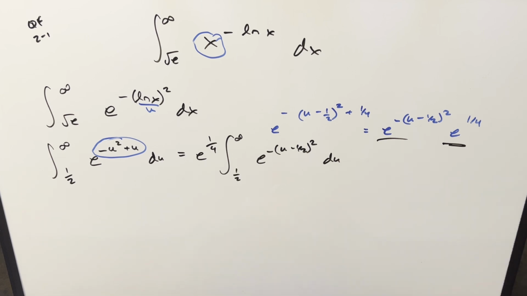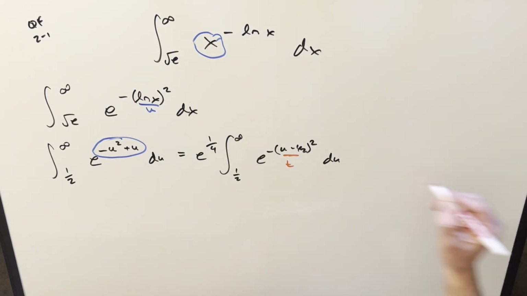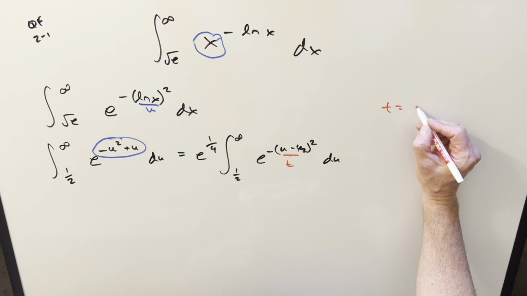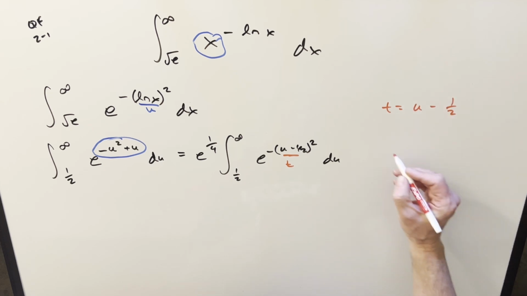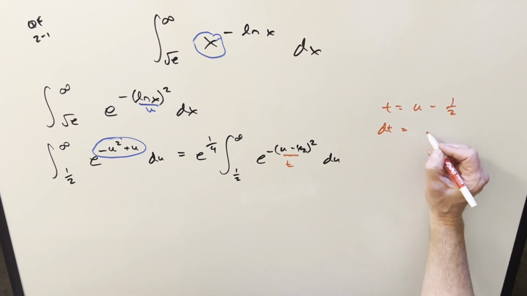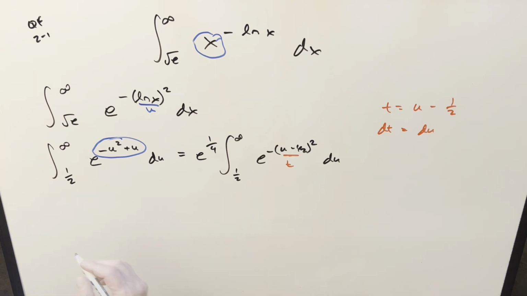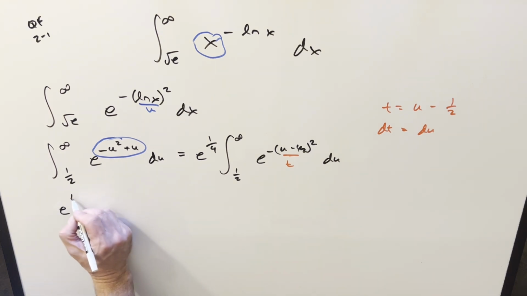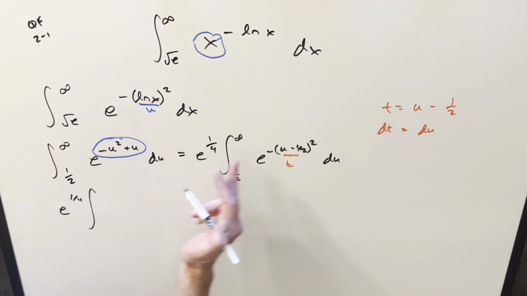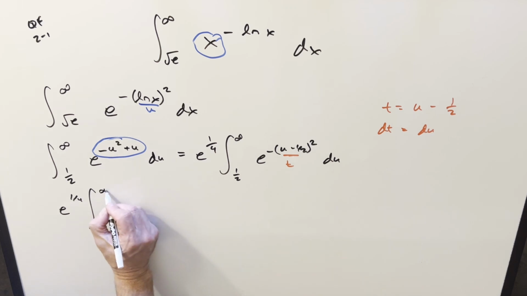And so now what we notice here is we can do another substitution, trying to get it back to the Gaussian integral. So I'll just substitute t. I'll say t is equal to u minus 1/2. Take a derivative, so dt is just du, real simple. So we'll go ahead with this again. We've got our constant out front, updating the bounds. Infinity is still going to infinity.